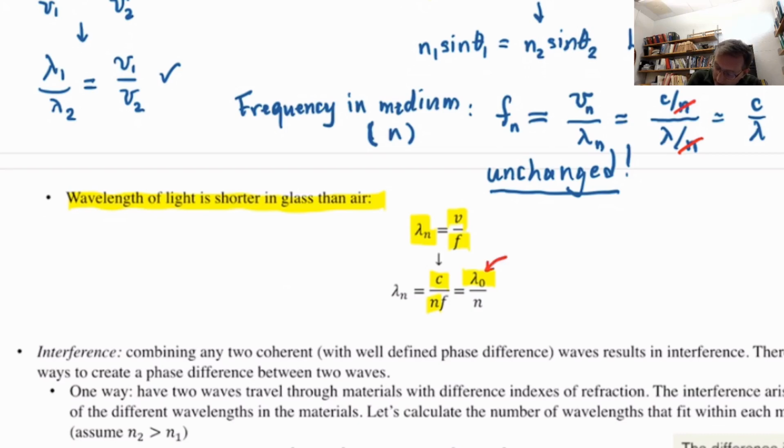That's labeled lambda 0 now, divided by n. So the wavelength of the light in a material with index of refraction n is equal to the wavelength that light would have in vacuum divided by n. So the bigger the index of refraction of a material, the more the waves get crunched together to a shorter wavelength.